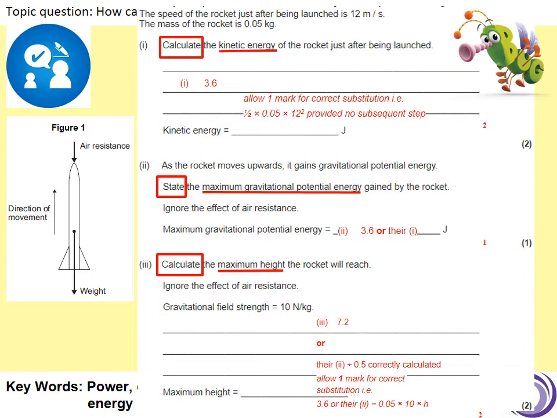So you'll get a mark for your substitution and then a mark for your correct answer. If you'd got part 1 incorrect, but then part 2 was the same as part 1 and you've carried that through, and you've taken that value, that's absolutely fine. You can still get 2 marks for that question, as long as you've done the correct rearrangement for it.